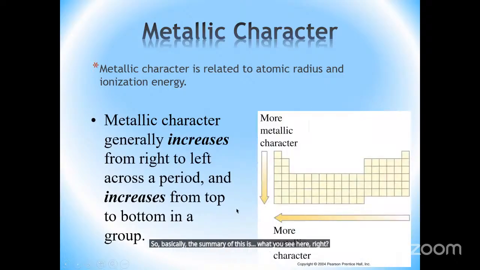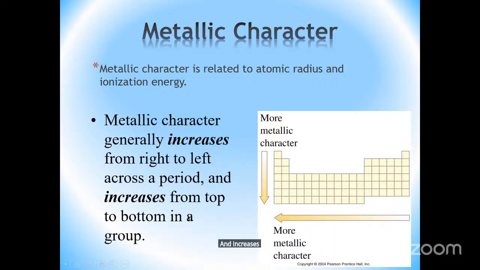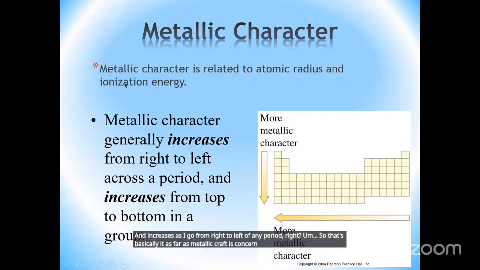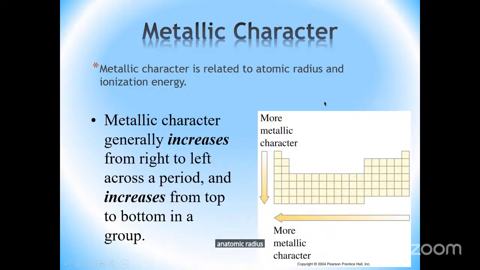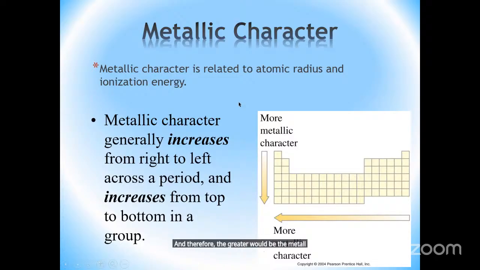The metallic character increases as you go down the group and increases as you go from right to left of any period, right? So that's basically it as far as metallic character is concerned, which is related to ionization energy and atomic radius. Basically, the greater the atomic radius, the lower would be the ionization energy, and therefore the greater would be the metallic character, and the converse would be true. All right, so that's metallic character.